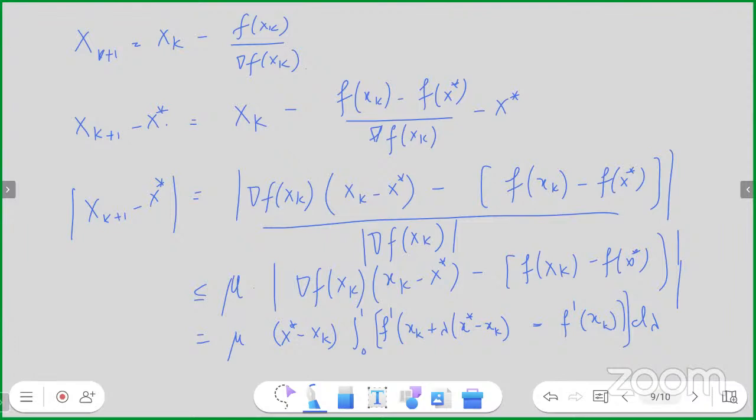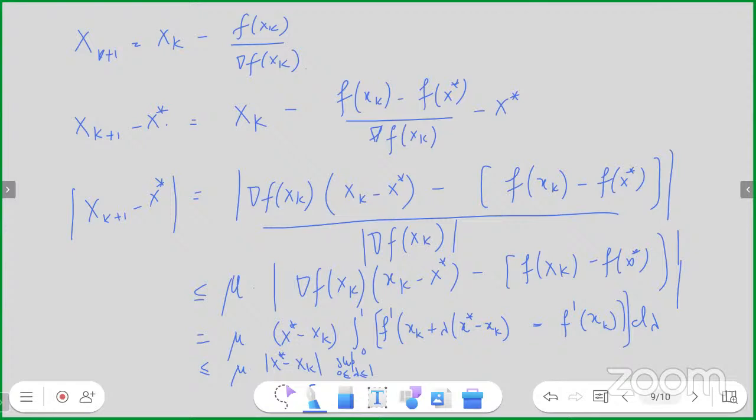So the answer will be less than or equal to mu times mod of x star minus xk times the supremum of all of this. Actually, max is fine. All right. So, what have I got finally? That xk plus 1 minus x star is x star minus xk, which is the same thing, xk minus x star, times mu, which is less than 1.